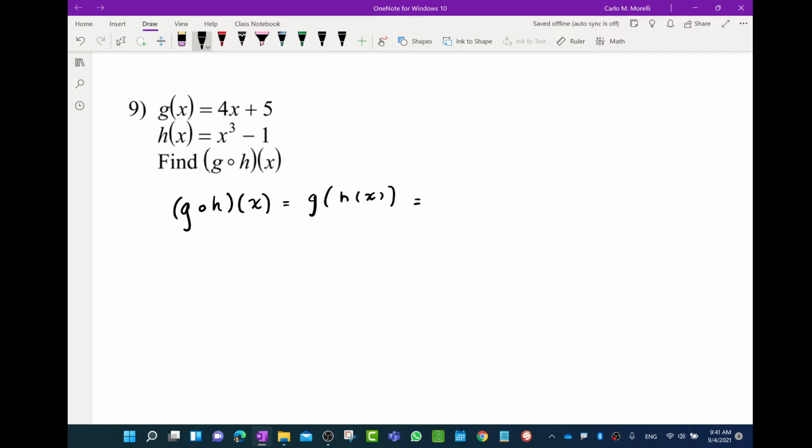So this is equal to 4 open parentheses x cubed minus 1 close parentheses plus 5.